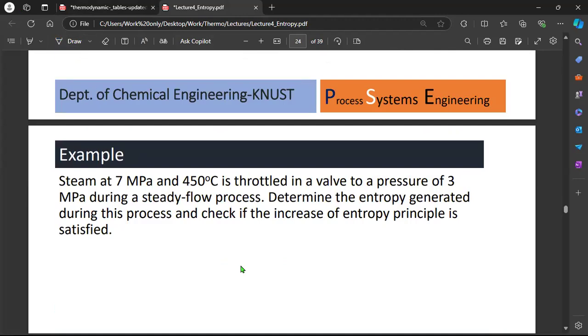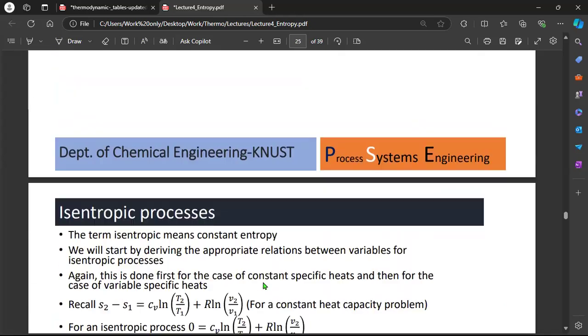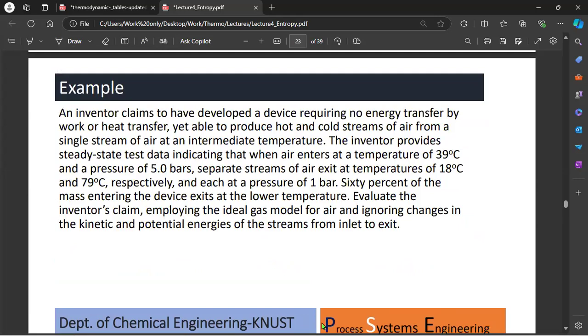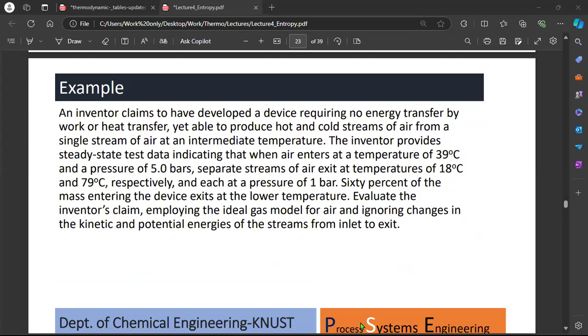It is similar to something we did where we're looking at throttle valves. Right, so I'll give you a general idea of how to solve it and then I want you to try it out and then send me your solution by the close of the day. So we'll go through this example right away. I think I've already sent the solutions to you guys, but let me just share that screen.